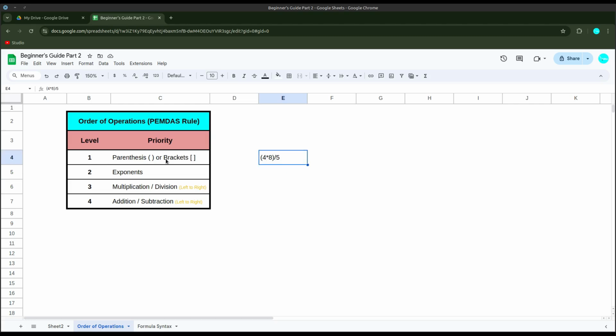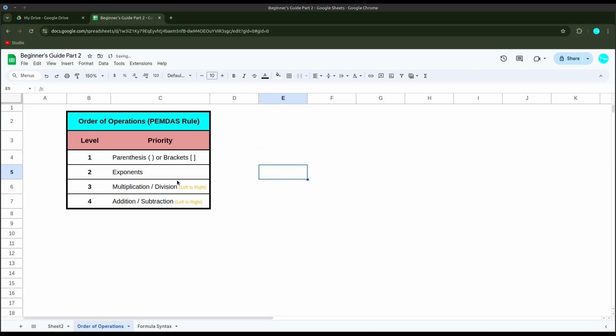In Google Sheets, instead of square brackets, we have to type curly braces, because if I type square brackets like this, it will come up with an error. So instead of square brackets, we use curly braces, and in this case Google Sheets will treat them as parentheses and make the calculation accordingly.